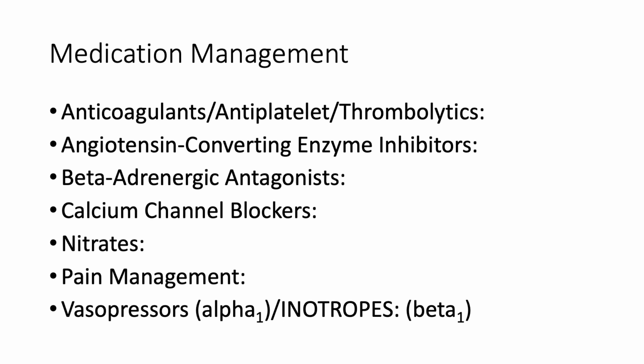And then next down the spectrum is an NSTEMI. So a heart attack with positive troponins, maybe some ECG changes, and then a STEMI, which has positive troponins and ST elevations seen on the ECG. Okay, so we use a lot of different types of blood thinners depending on which condition we're talking about that I just listed.